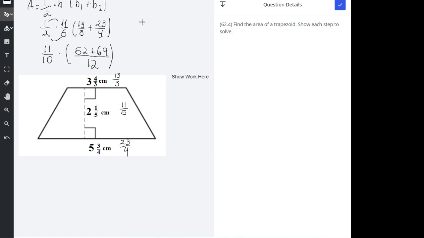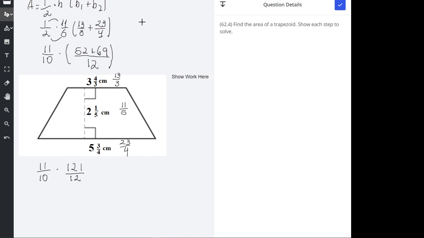Solving this, guys, I don't have enough room right over here. 11/10 times what? 52 plus 69. 9 plus 2 will be 11. Carry 1. 7 plus 5 is 12. 121. 121/12.